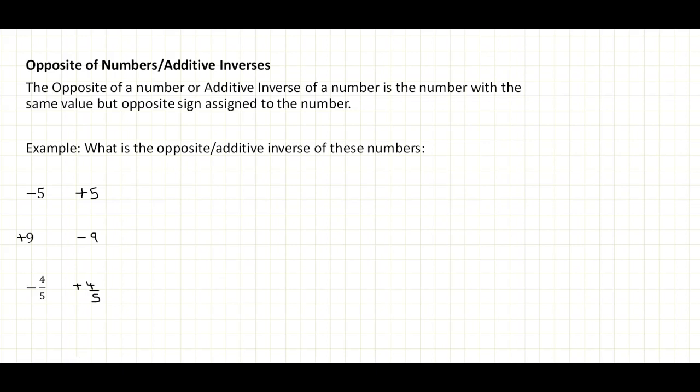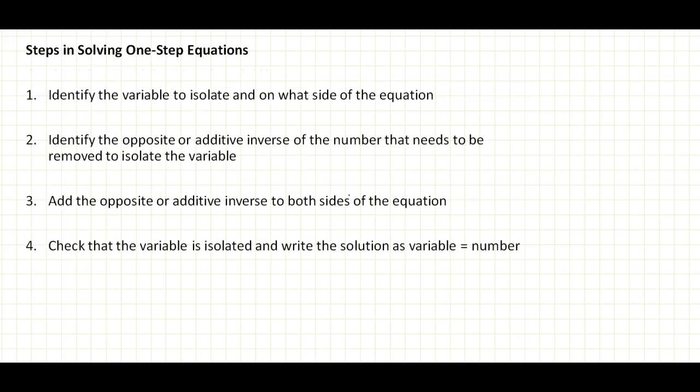And when we go into solving equations, I'll show you another way to think about it so that it makes more sense to you. So how do we go about solving one-step equations? The first thing we want to do is to identify a variable to isolate. When we say the variable to isolate, we're saying just find a variable that needs to exist on its own on one side of the equation.